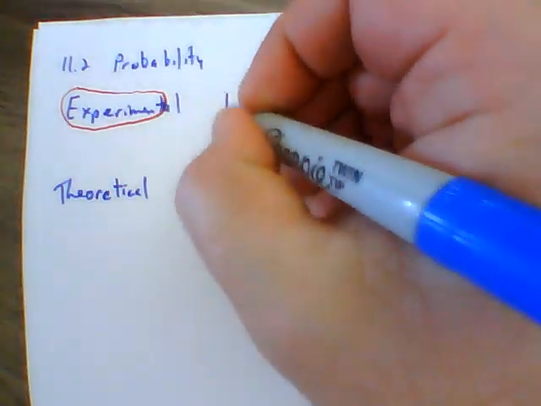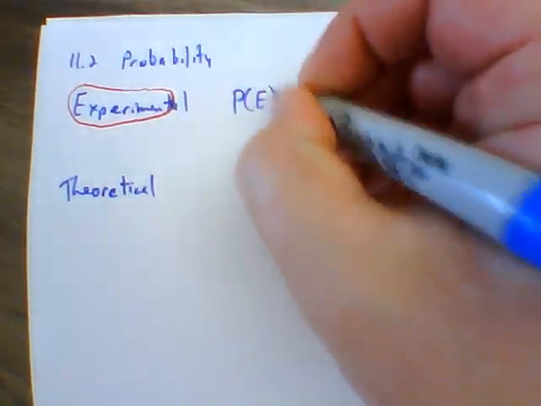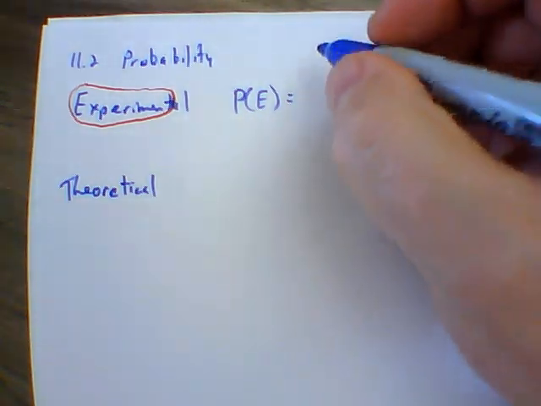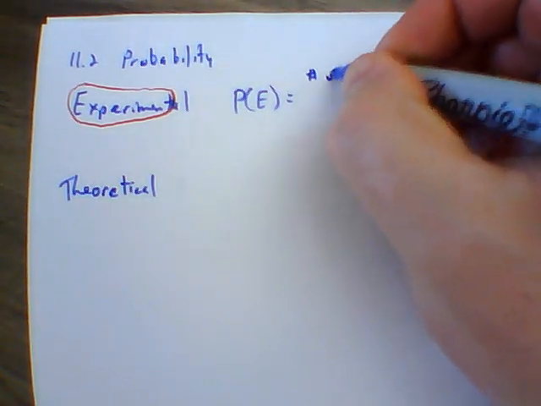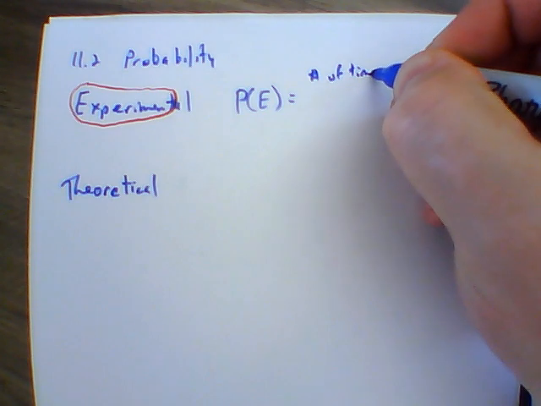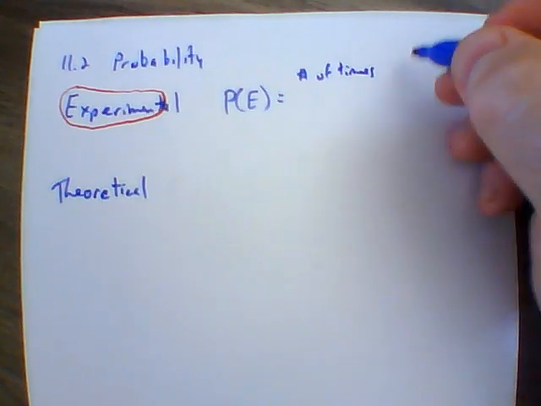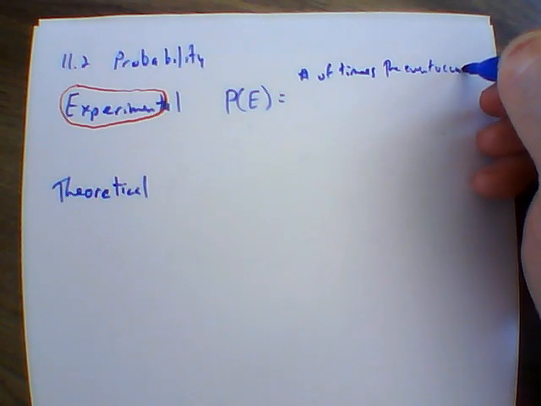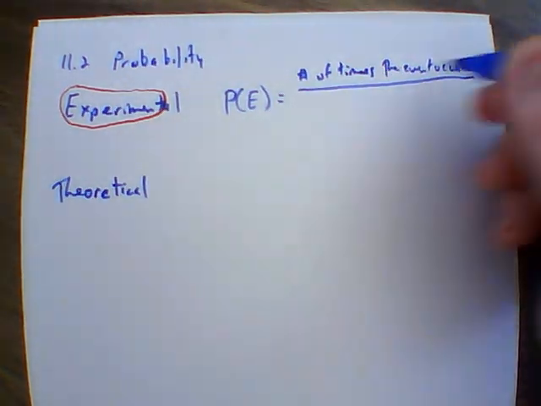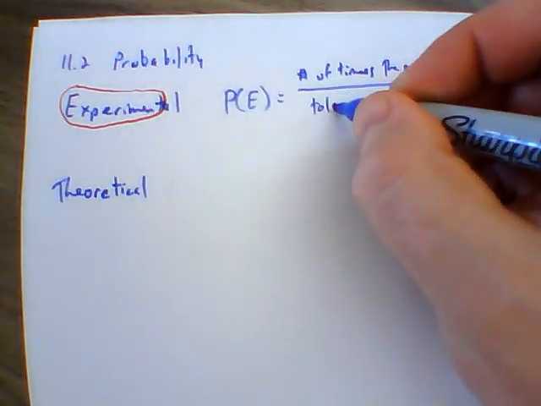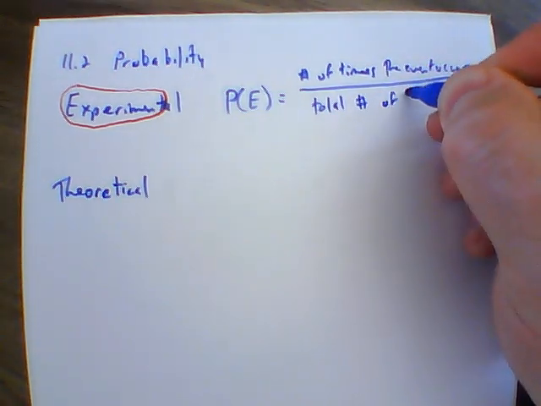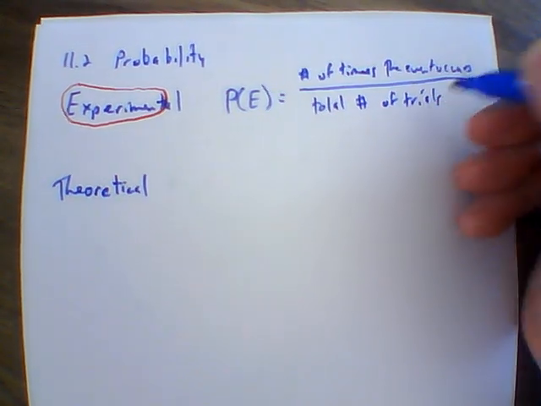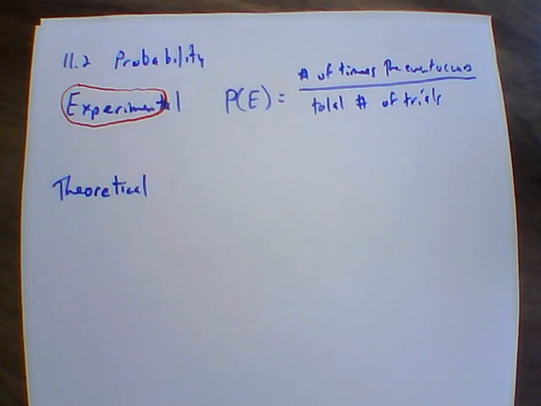So the probability of an event to happen is going to equal the number of times the event occurs divided by the total number of trials. Okay, so we have to have an experiment.